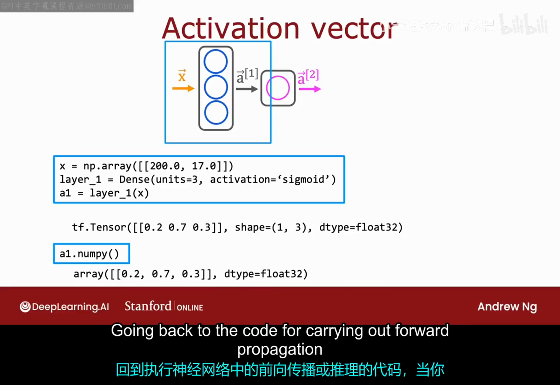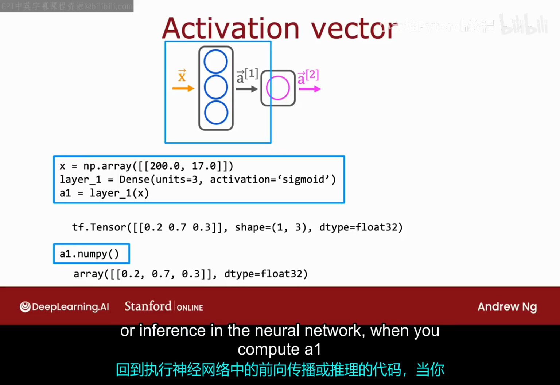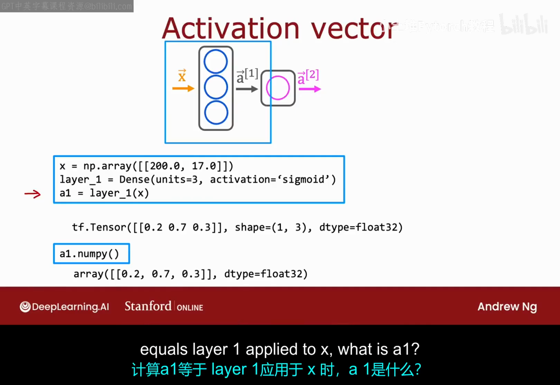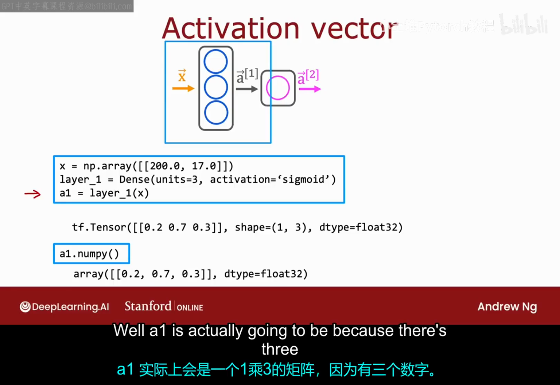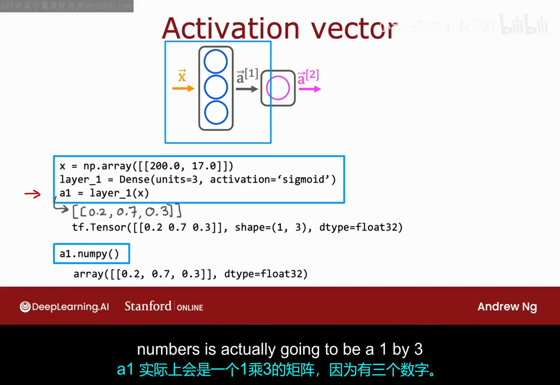Going back to the code for carrying out forward propagation or inference in a neural network, when you compute A1 equals layer 1 applied to X, what is A1? Well, because it has 3 numbers, A1 is actually going to be a 1 by 3 matrix.